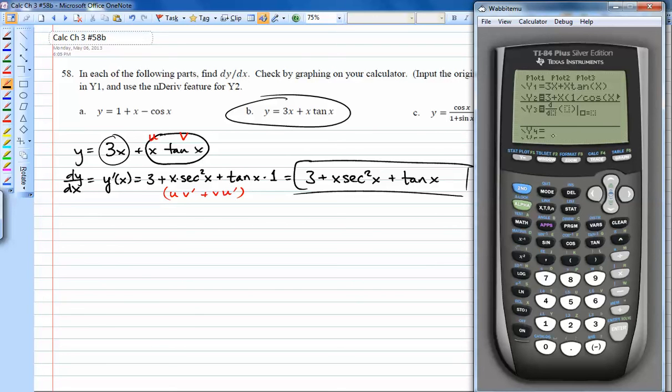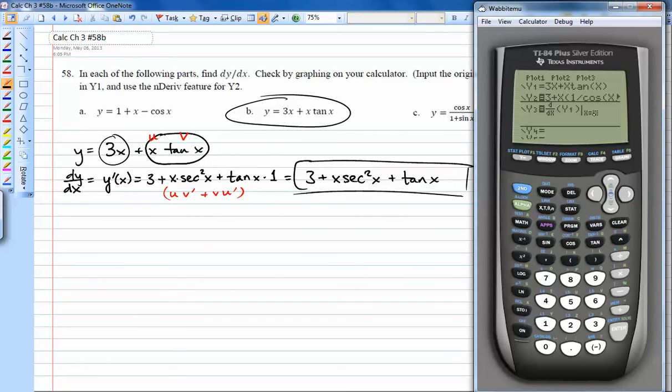Now it's asking me what I want to take the derivative of. The variable's x. The function that I want to take the derivative of is y1, and you can do a shortcut to get to y1 by alpha f4 and hit y1, or if you have an older calculator you would go to variables, y variables, function, y1.